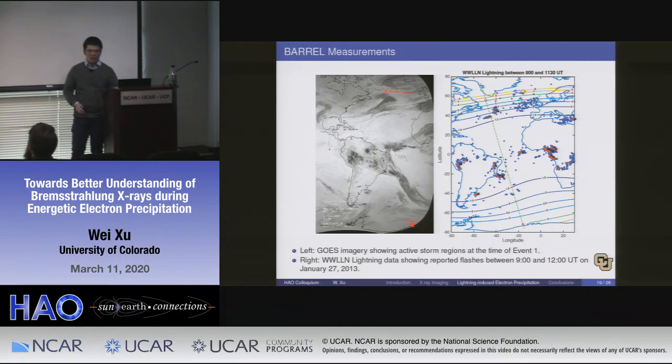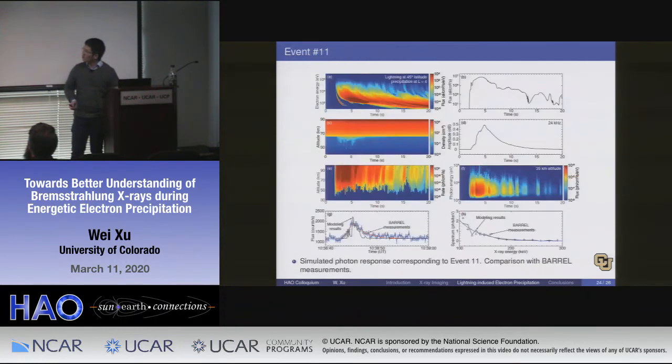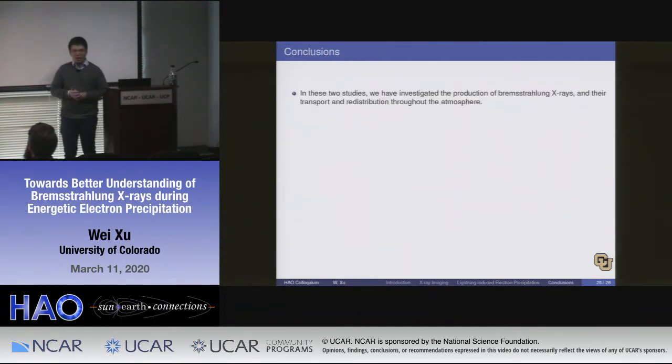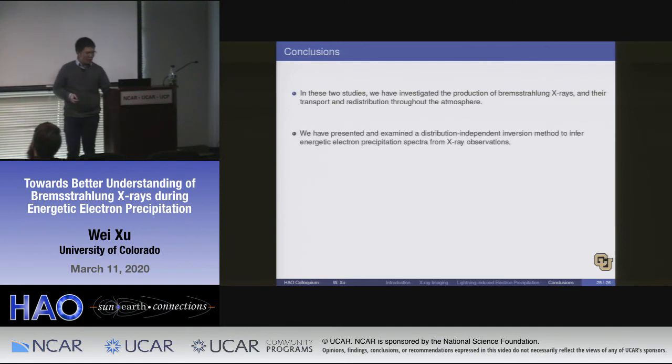To summarize, in these two studies, we have investigated the production, transport, and redistribution of bremsstrahlung X-rays in the Earth atmosphere. We have developed a method to estimate the size, flux, and spectrum of precipitating electrons using space-based X-ray measurements.